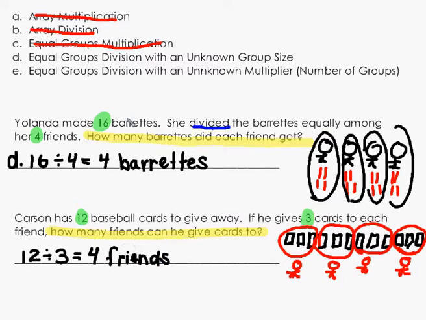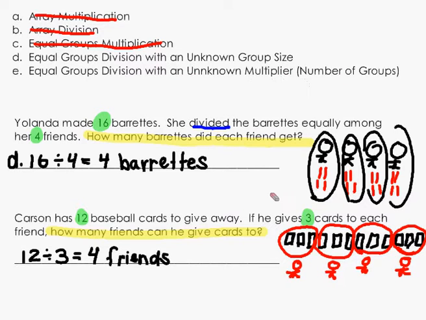When we look at how we found our answer, well, again, it was division because we divided those cards among different friends. And we know that it wasn't an array because there weren't rows. So is it equal groups of an unknown group size, or is it equal groups with an unknown number of groups?